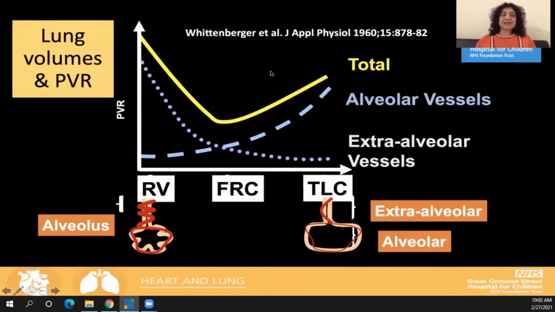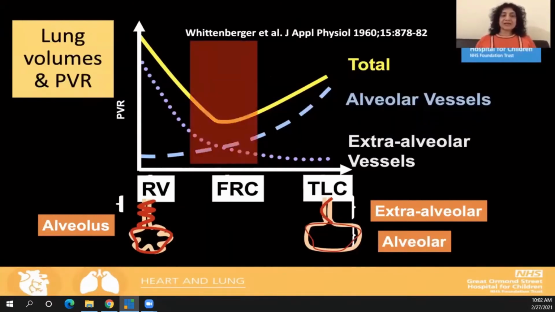Here you can see that there is an important interaction between the pulmonary vascular resistance, which is highest at the lower end, that is at the residual volume, and at the higher end at total lung capacity, and therefore ideal inflation pressures are at FRC to reduce the pulmonary vascular resistance.